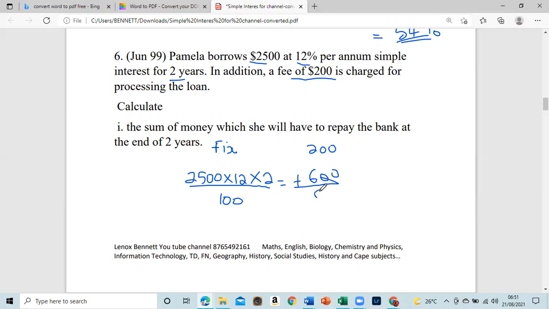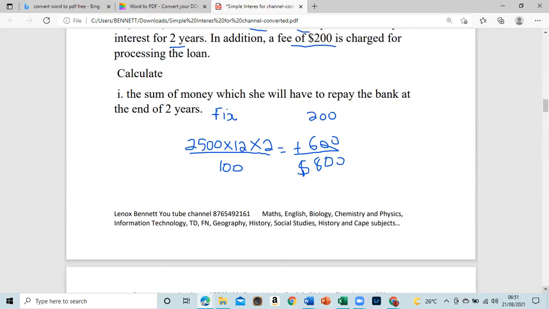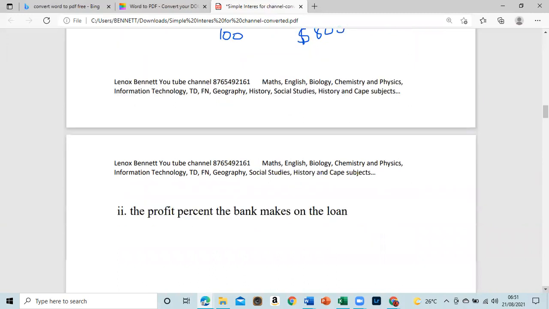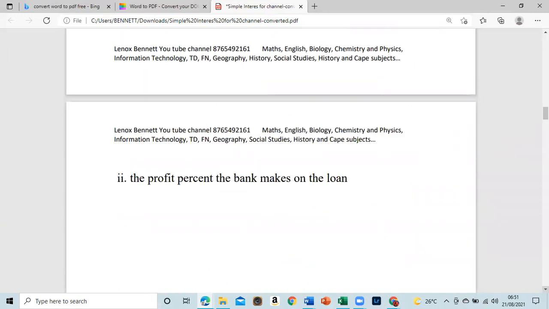So this one, 600 plus 200 is 800. Let's move on. The profit percent the bank makes on the loan. So we have to go back.